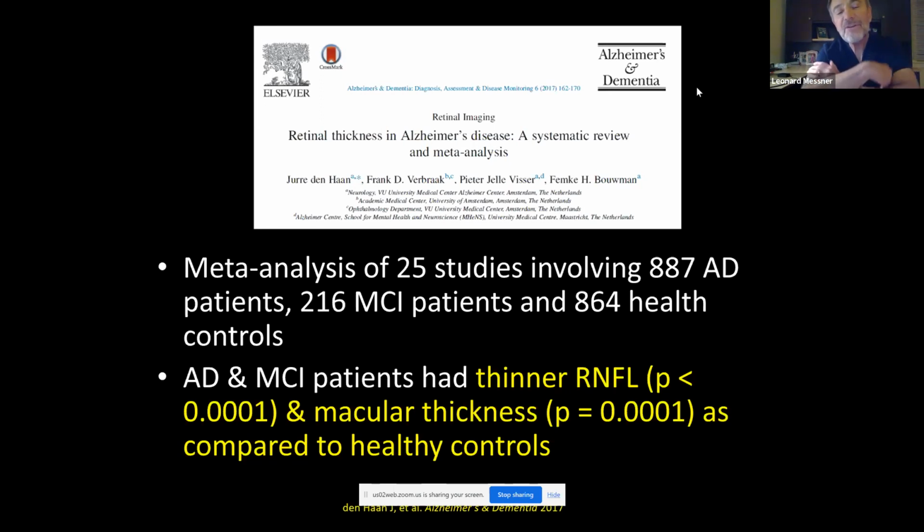Now, a very simple way I think of summing all this stuff is that people that have neurodegenerative disorders, common ones being MS, Parkinson's disease, Alzheimer's dementia, all of these guys affect the optic nerve, all of these guys affect the retina.